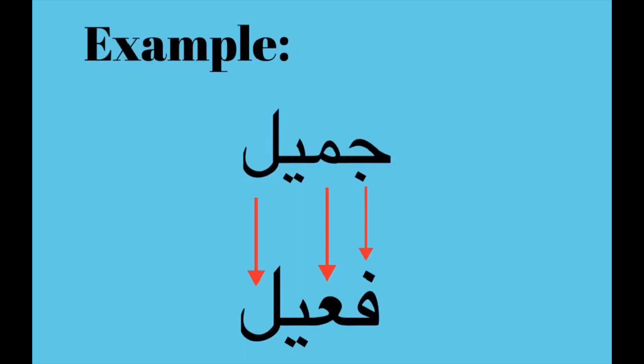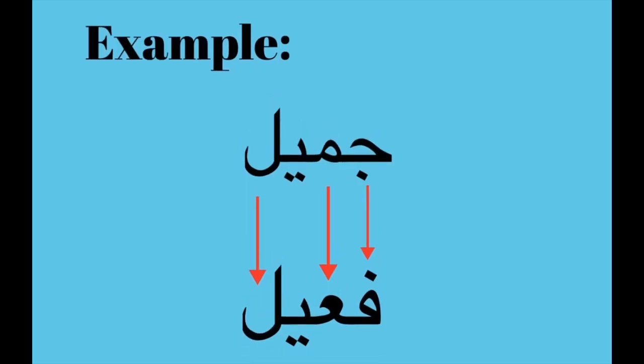Jamil is our third example. Here we have three root letters once again, and then an additional letter. Our three root letters are jim, mim, and lam, with a ya between the second and third root letters.